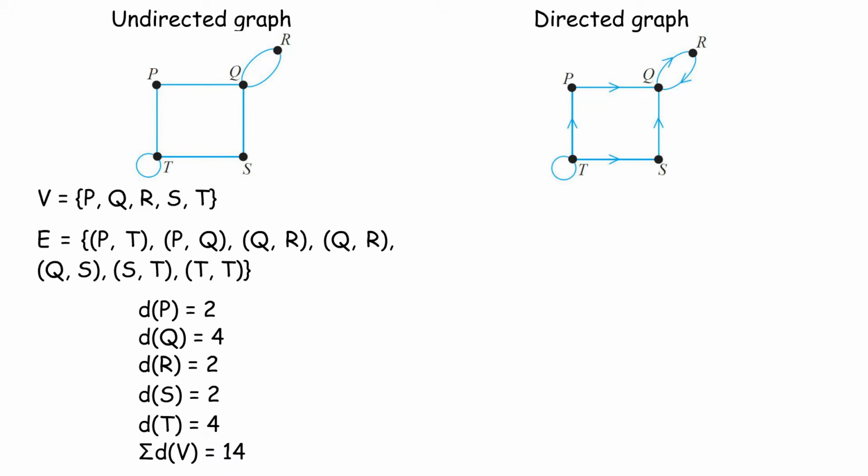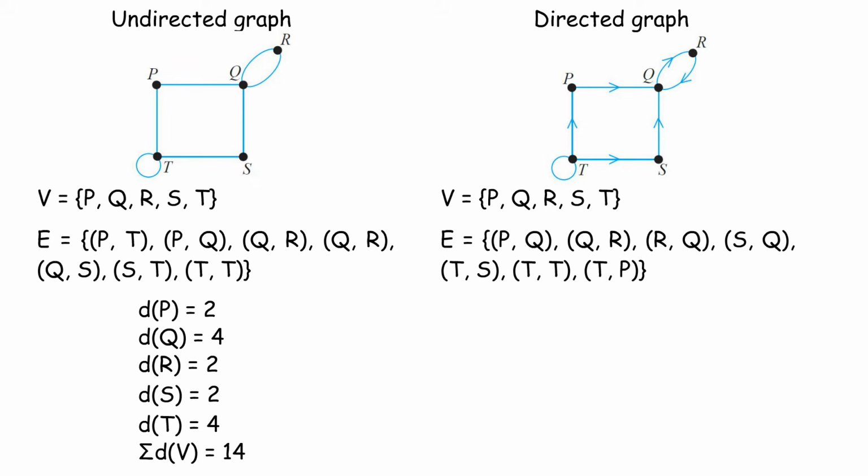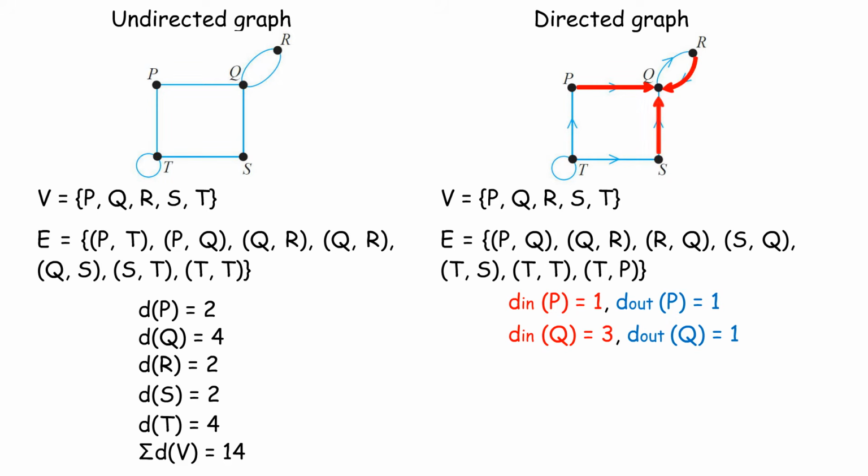Directed graph. V equals {P, Q, R, S, T}. E equals {PQ, QR, RQ, SQ, TS, TT, TP}. D in P equals 1. D out P equals 1. D in Q equals 3.